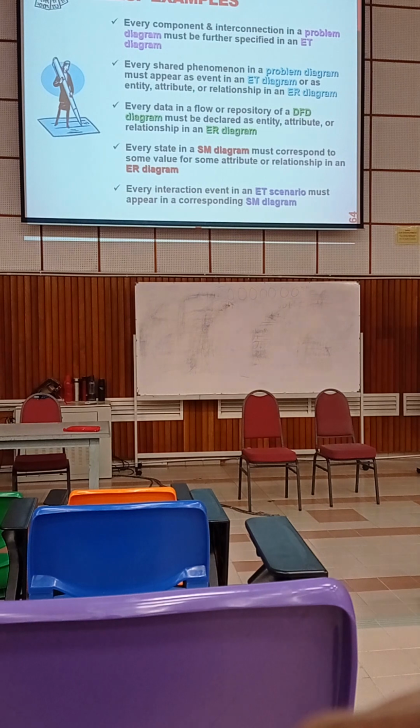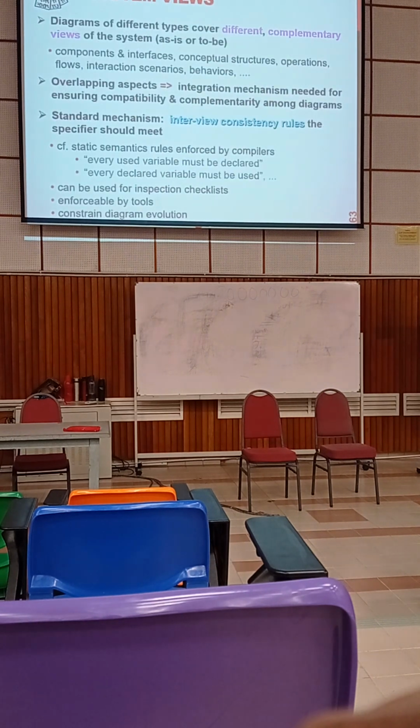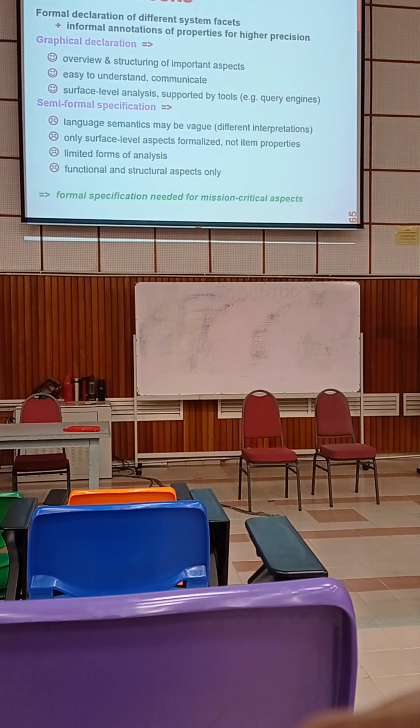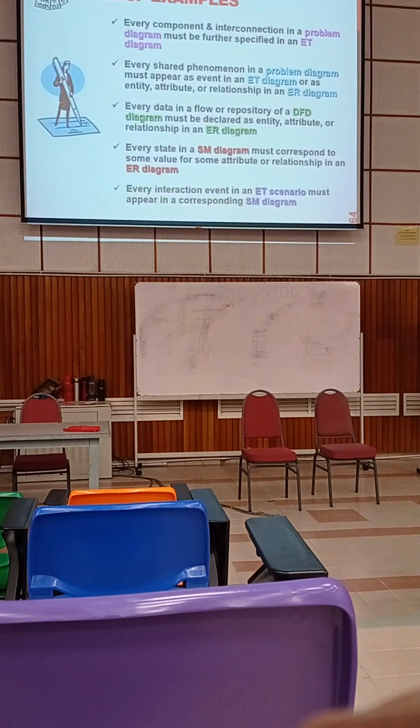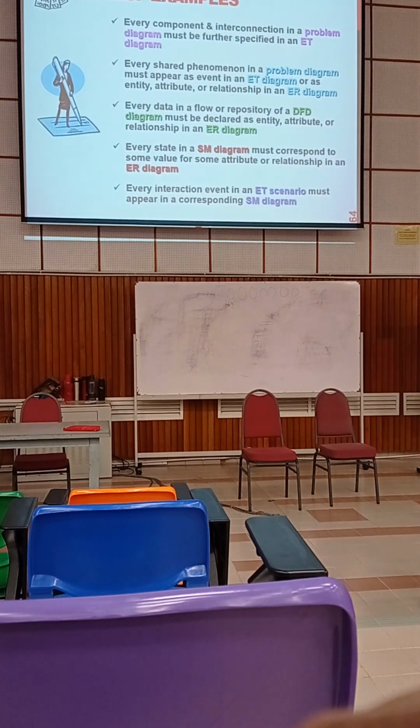Okay, let's look at this one. So here we are looking at inter, right? Where's intra? So this is inter, there's no intra. Okay, never mind. Let me cover both in this one slide. What is intra-view consistency?